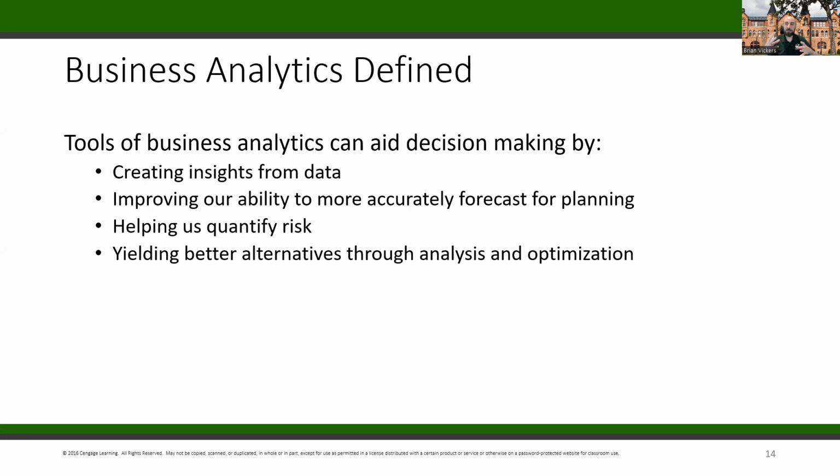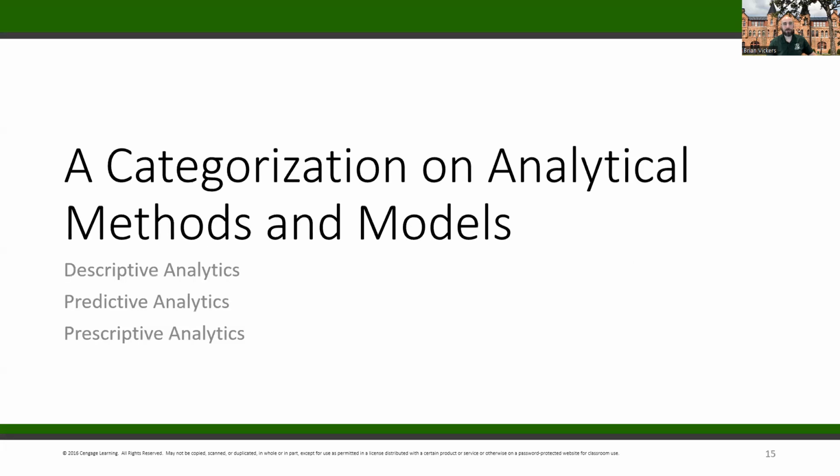Analyzing the data, using optimization models to come up with possibilities that could be better than just our educated guesses, which don't discount educated guesses, right? Human capital is very important for that reason. Using someone's knowledge and experience to make decisions, you can get pretty far on that a lot of times.